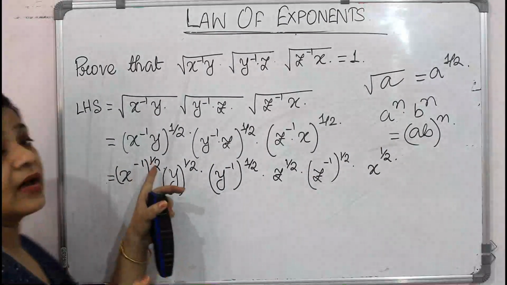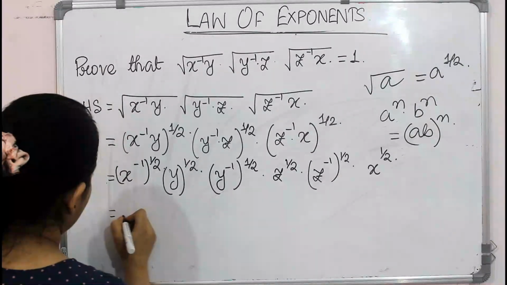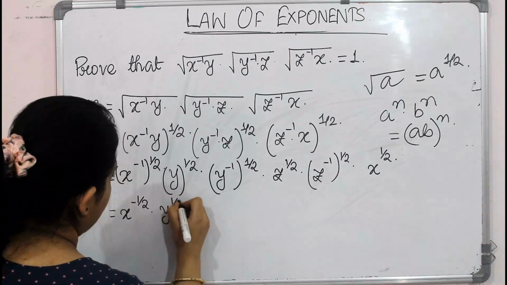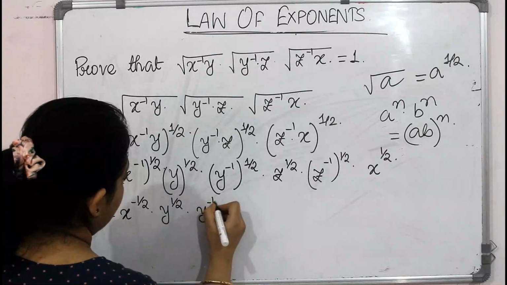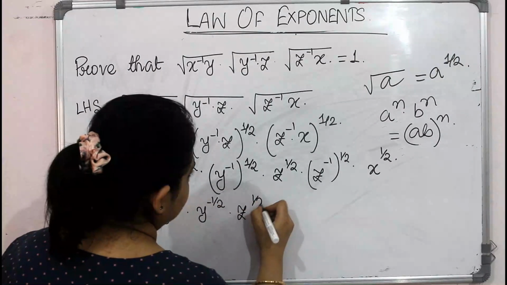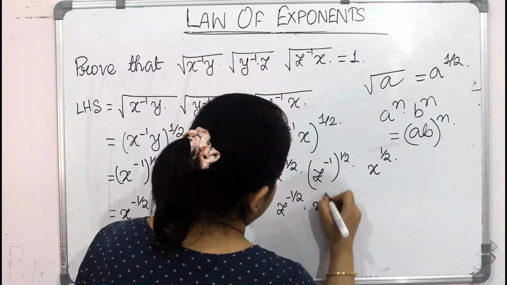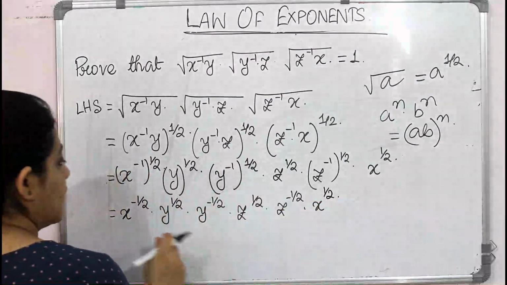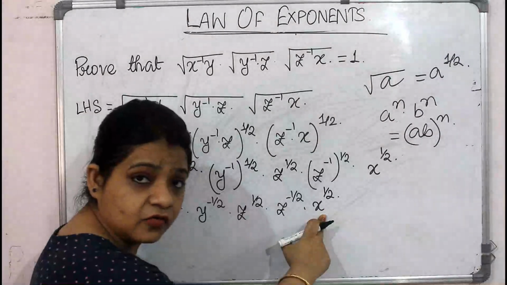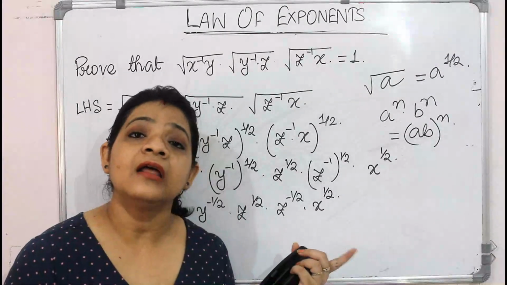Okay, so minus 1 into half is minus 1 by 2. So x to the power of minus 1 by 2, y to the power of half, y to the power of minus 1 by 2, z to the power of 1 by 2, z to the power of minus 1 by 2, x to the power of half. Okay, so x to the power of minus 1 by 2 and x to the power of 1 by 2, both of them have the same base but the powers are different.